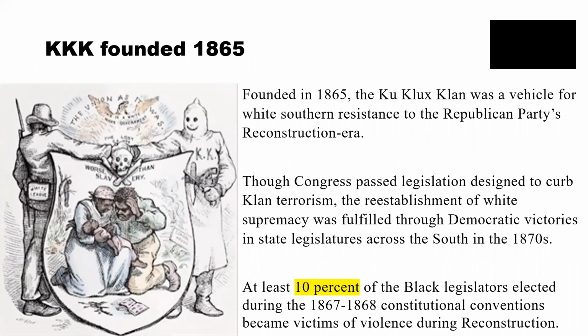However, then you have resistance forces such as the KKK, founded in 1865. And the KKK basically functioned as a Southern resistance to the policies that the previous slide covered, like how they granted African Americans equal protection, they granted African Americans enfranchisement, and how African Americans are participating in government.